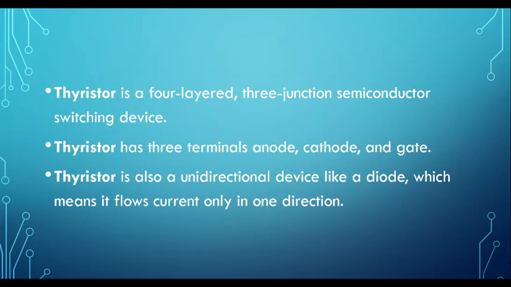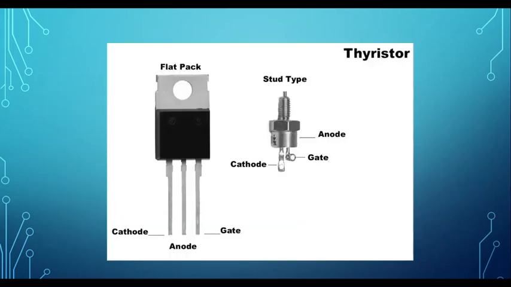But this time, we call them the anode, the cathode, and the gate. The thyristor is also a unidirectional device, just like the diode, meaning there is only one direction. This is the actual piece of thyristor.